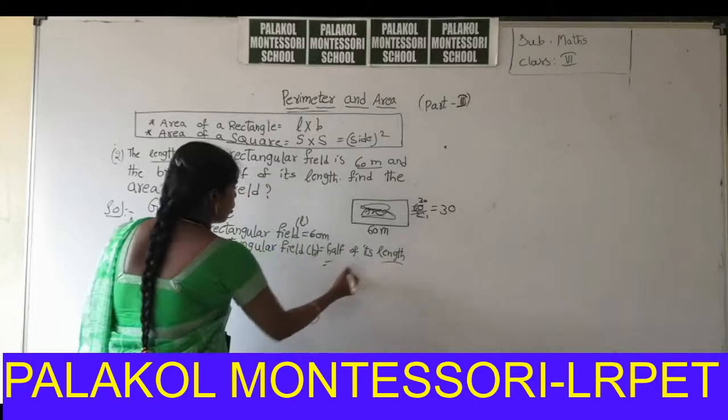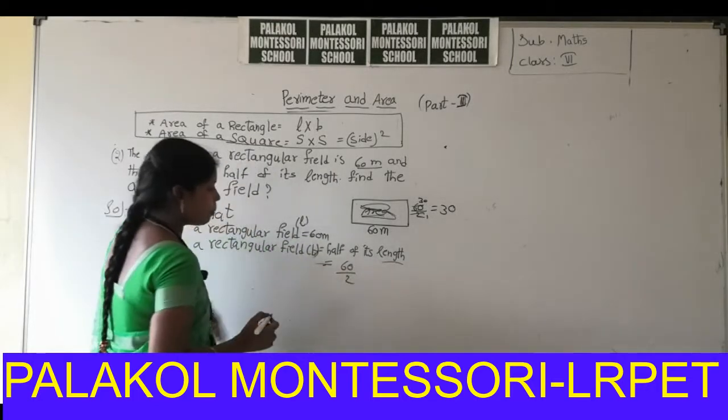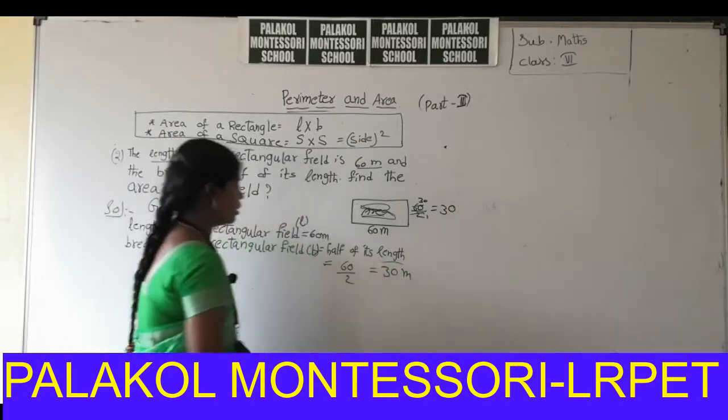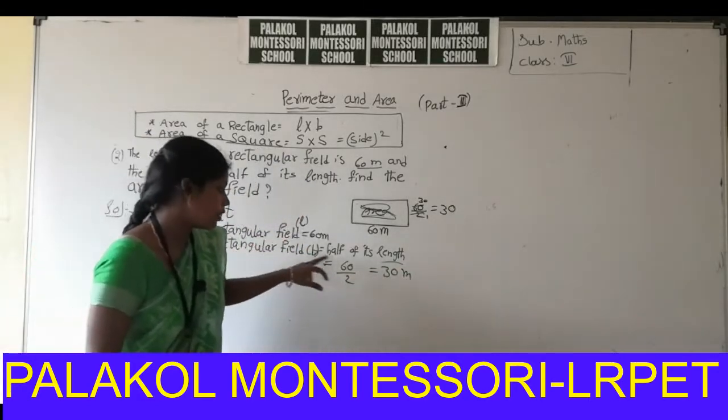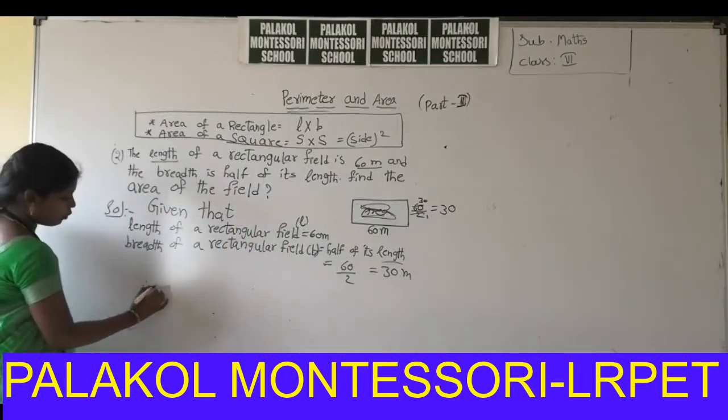So that is nothing but length 60. What is meant by half? That is nothing but divided by 2. So 30 meters. So length is there and breadth is there, so we can find the area of the rectangular field.